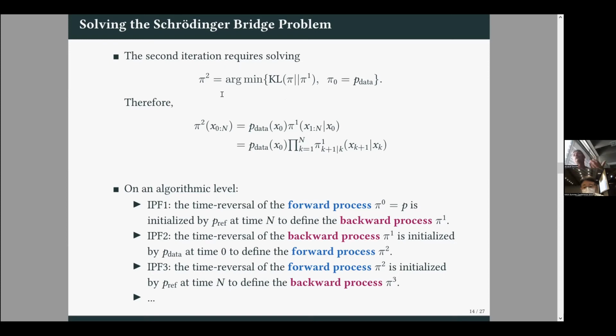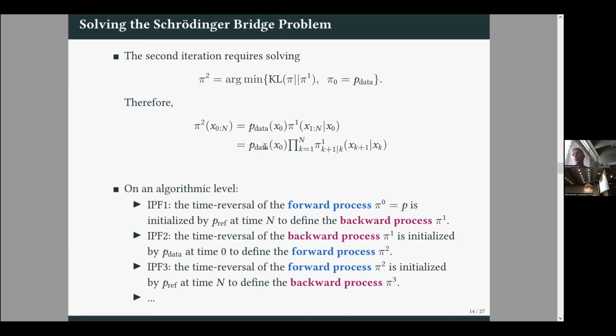You're going to minimize the KL between pi and pi_1, constrained to having the marginal distribution at 0 given by the distribution of the data. Once more, it has a kind of semi-explicit expression. And this expression is some kind of forward process. It defines the distribution of a process which naturally evolves in the forward direction.